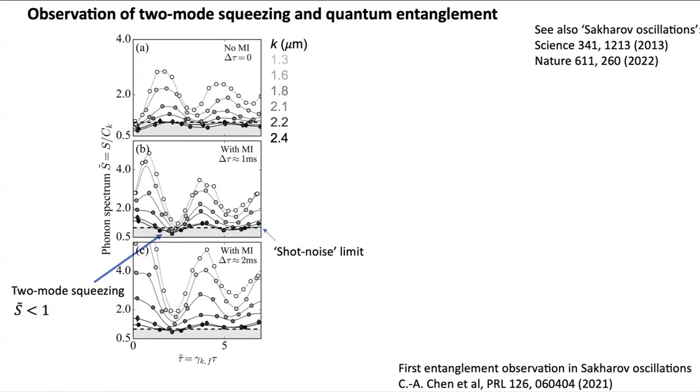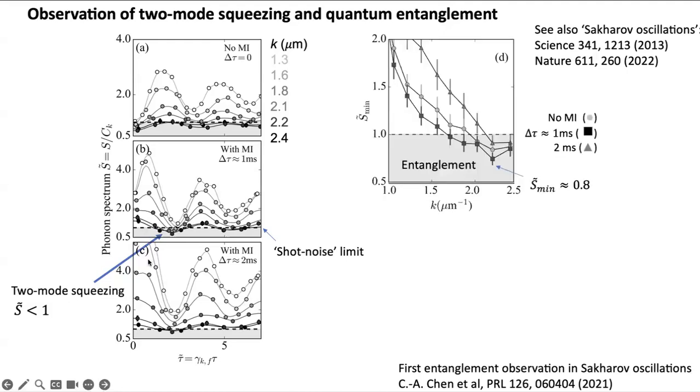It then oscillates in time, but gradually gets damped because of some imperfection in our experiments. But if we keep looking at the minimum that we can achieve, once we quench the attractive interaction for a certain amount of time, we can actually achieve quantum entanglement, because this inequality is violated. The minimum that we can see is that it can go down to 0.8. And this is how we show that these two modes are quantum entangled.